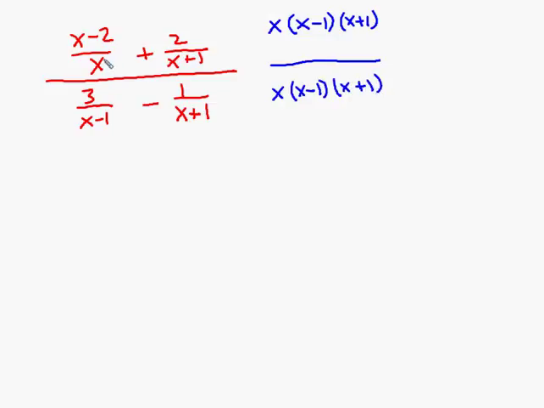So I considered all of these denominators. Do you see what I'm saying? Every single one of them. Now when I multiply my numerator here, what cancels on the first fraction? Just the x. Okay?